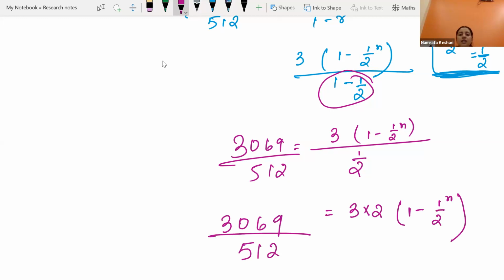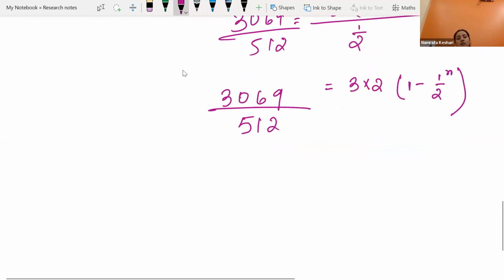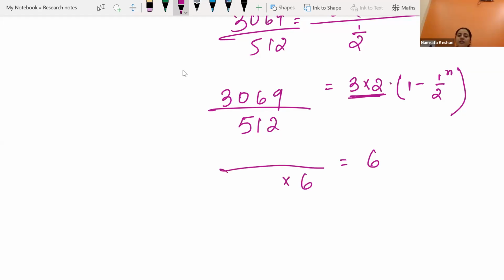One by one we will start shifting the numbers. The n which we want to find is the exponent. So this 6 will go in the denominator because here it is in multiplication. So this 6 will come and sit beside 512. Are you getting it?